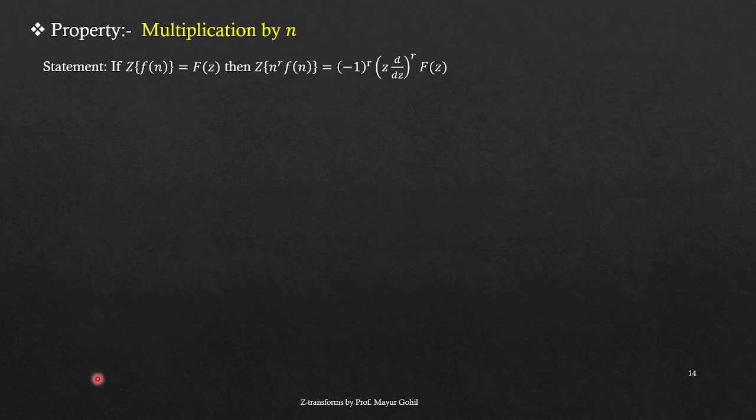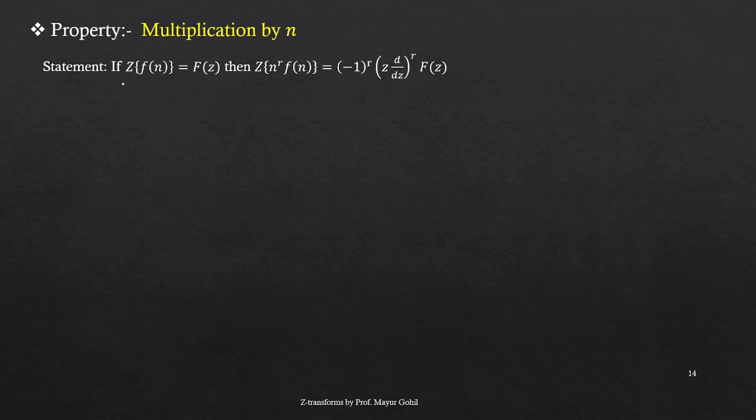So let us try to understand the whole meaning of this statement. In most of the questions related to transforms, Laplace, Fourier, etc., everywhere you have an if-then kind of statement.